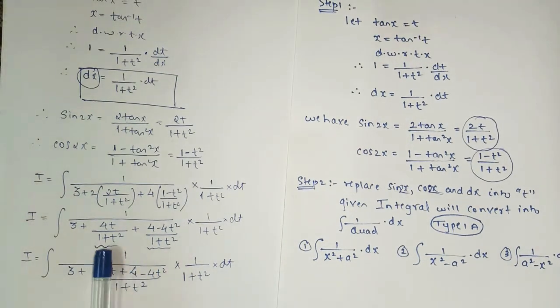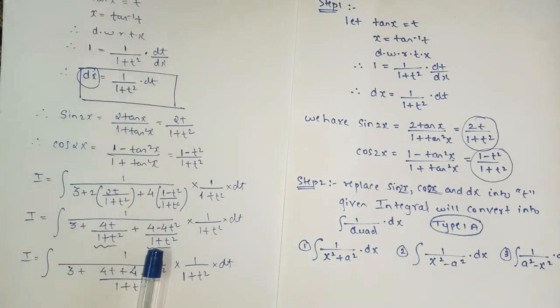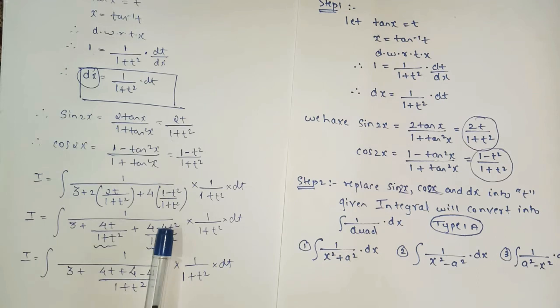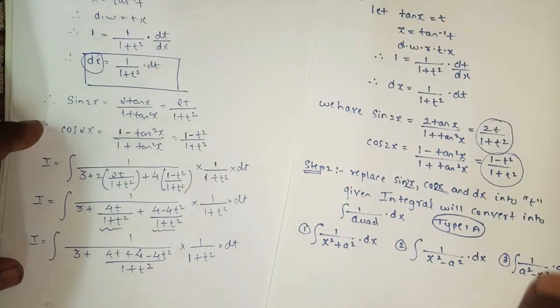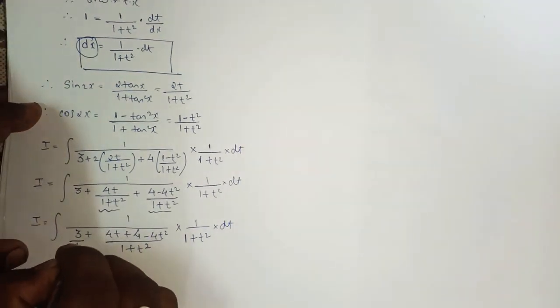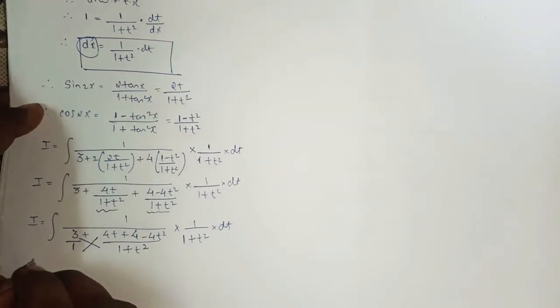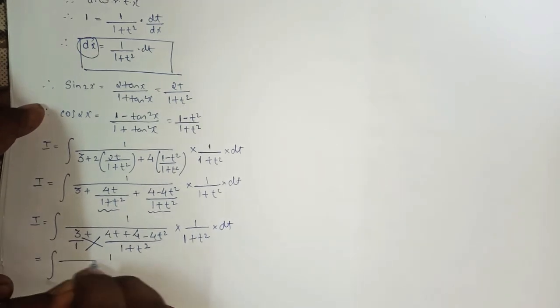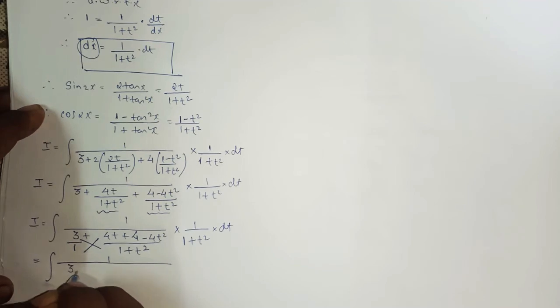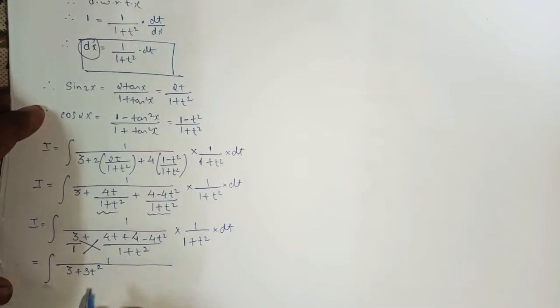For the second and third section, the denominator was the same, so here I wrote 1 times, and the numerator section will be 4t plus 4 minus 4t square. The next step will be: you write 1 and now cross it. So this will be 1 upon, and when you open the bracket, this will be 3 plus 3t square.